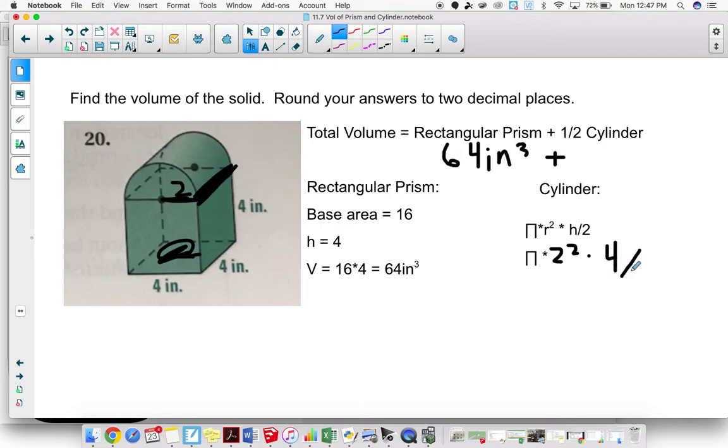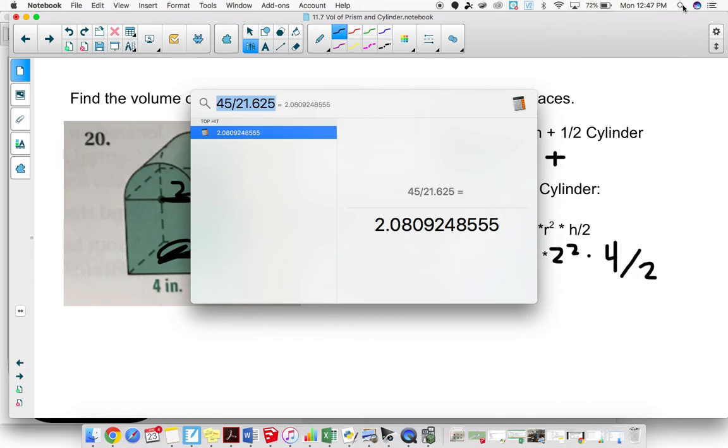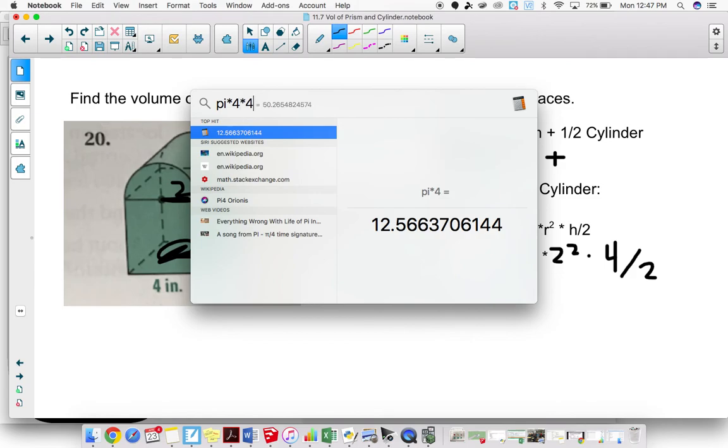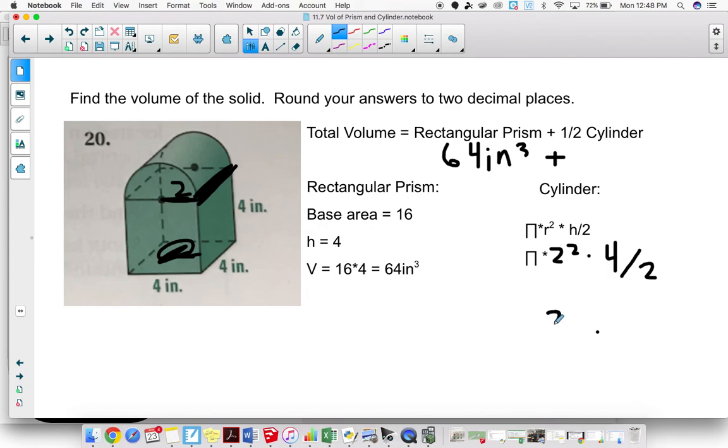And then we're going to divide that by 2. So let's just do that in the calculator. So pi times 2 squared is 4 times another 4 divided by 2. So 25.13. And so that's half the cylinder, 25.13 inches cubed. And so the total volume would just be those parts added together.